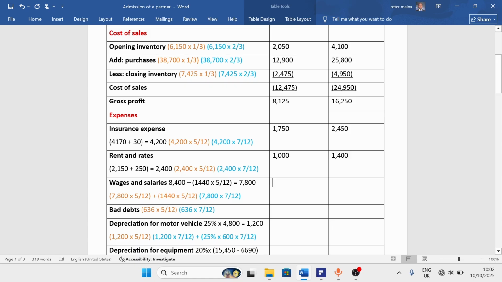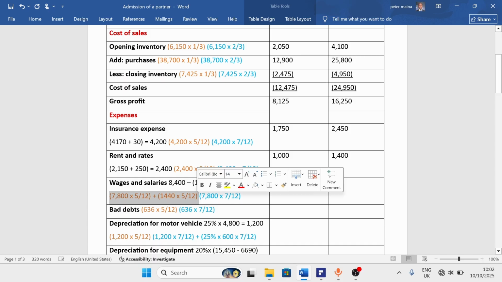So 7,800 multiplied by 5 divided by 12 gives us 3,250. And then we add 3,250 to 600, which is the salary Carol was paid before she was admitted as a partner. So the amount we are getting there is 3,850.